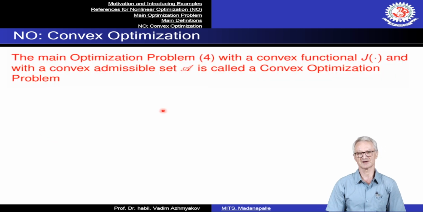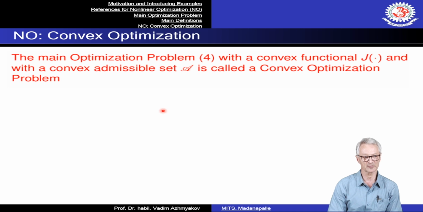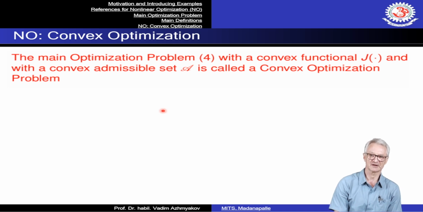After this, we are ready to give the general definition of the convex optimization problem in the case of problem 4, and this definition selects a specific case of problem 4, in which we can apply a relatively simple solution procedure, theoretically simple as well as numerically simple.